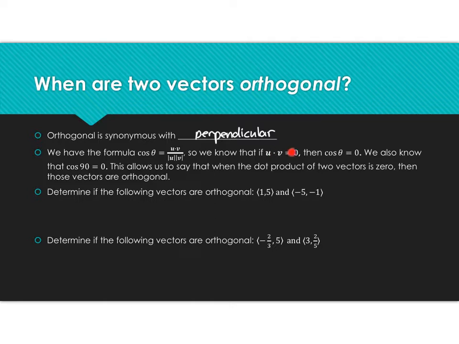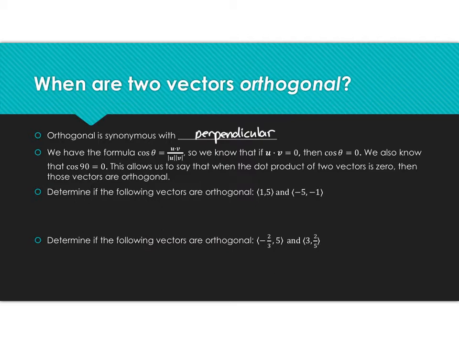So if u dot v is 0, this whole thing is 0. If this whole thing is 0, then cosine theta is 0. And we know from the unit circle last semester, cosine of 90 is 0. So if this is true and this is true, then the theta has to be 90, meaning the vectors are perpendicular.